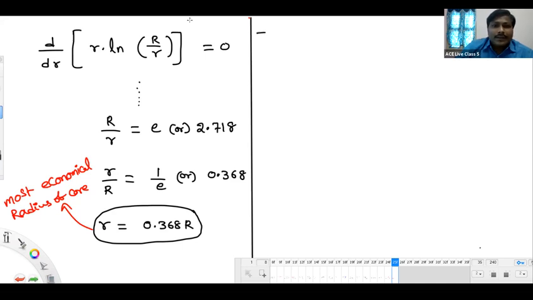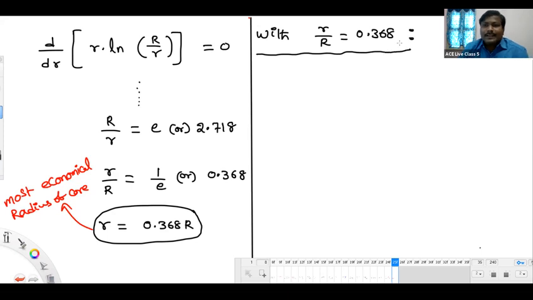With most economical radius of core, with small r by capital R equals 0.368 condition. First one, on the core: what is the field intensity?